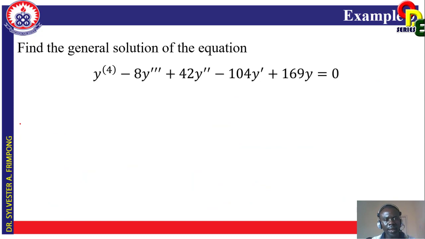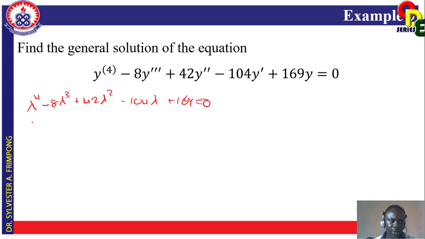Let's look at the third example. Here, the characteristic equation is going to be lambda to the power 4 minus 8 lambda cubed plus 42 lambda squared minus 104 lambda plus 169 equals 0.